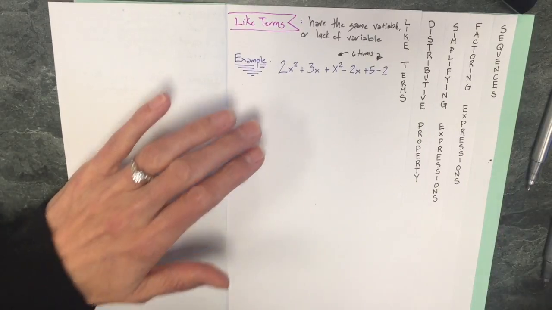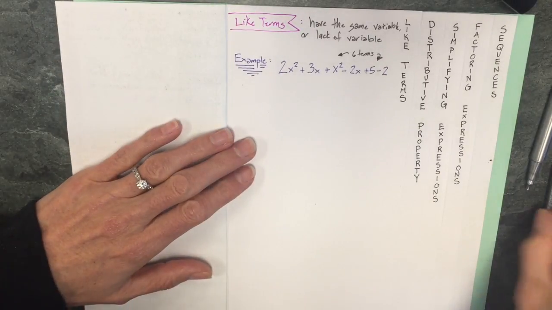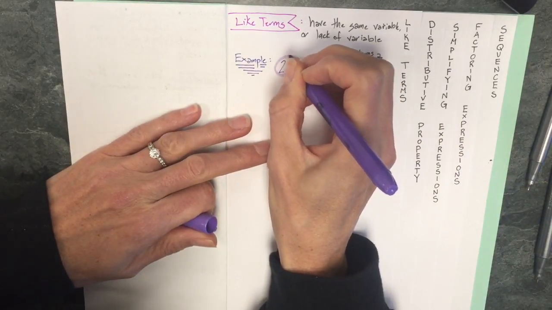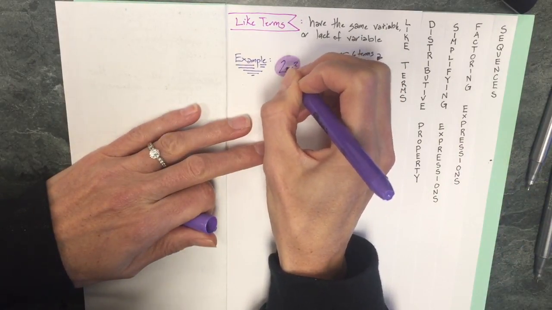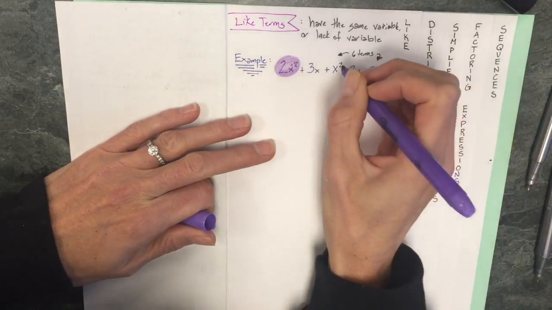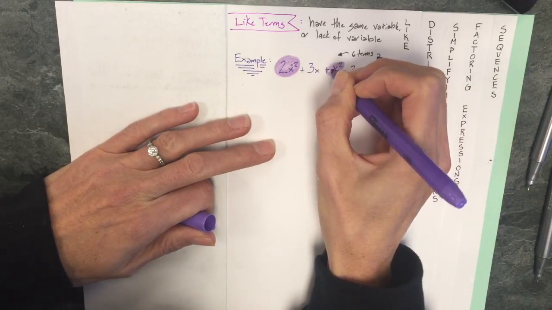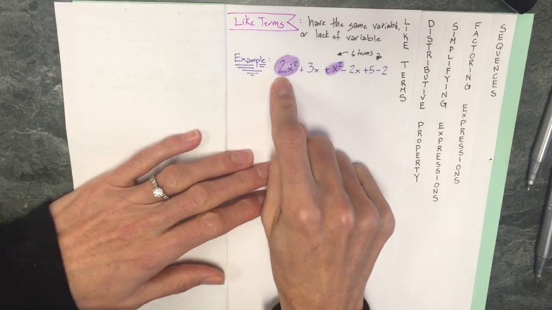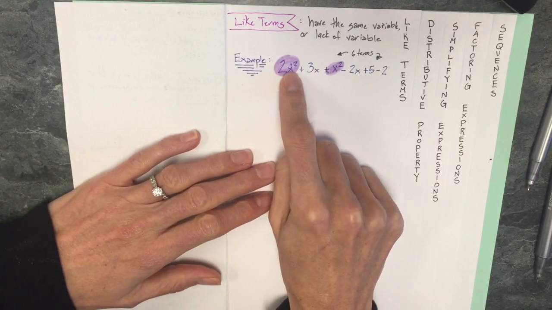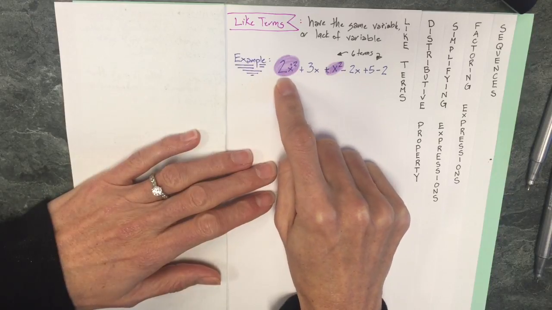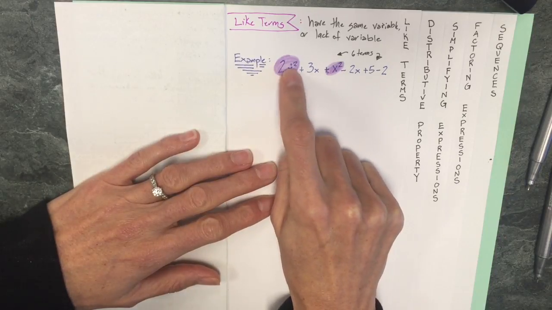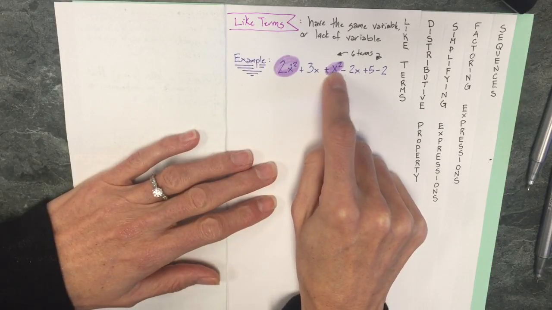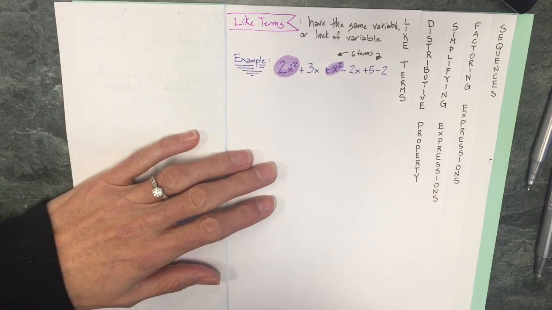So our like terms, I pointed out just a second ago, 2x squared is a like term, and x squared is a like term. Right here we have 2 x squareds, like we would have 2 oranges or 2 apples, and then we just have 1 over here. So let's pretend that the x squared were oranges real quick.